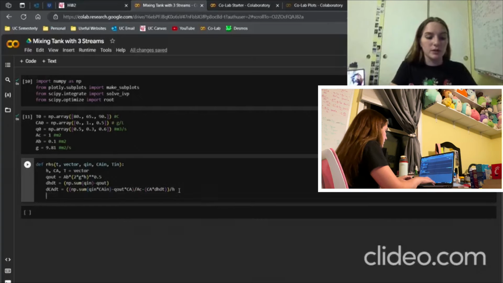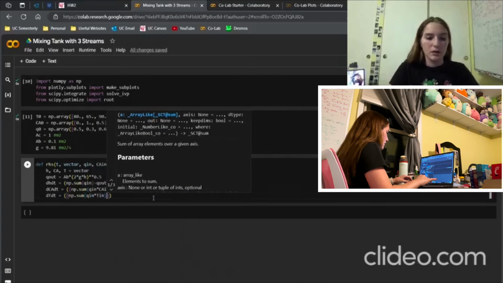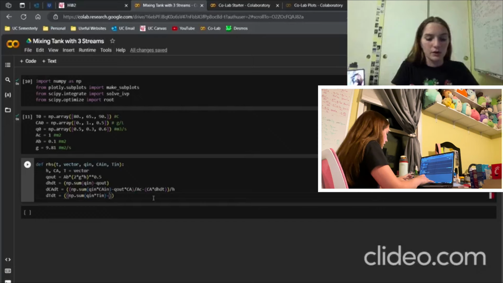Now we need to enter our equation for our dT/dt, which is going to be almost exactly the same as our concentration. So we're going to have np.sum of our Qn times our Tn minus our Q out times our T. All of this is divided by our cross-sectional area, and then we are going to subtract our temperature times dH/dt.